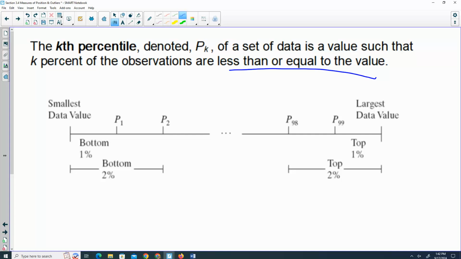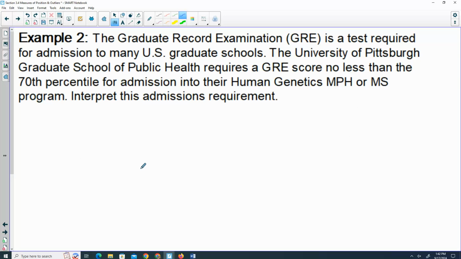First I just want to do an example of trying to interpret it. How would we write a sentence explaining what this means, and then we'll actually calculate a couple of percentiles. This one, you don't necessarily have to write all this down.